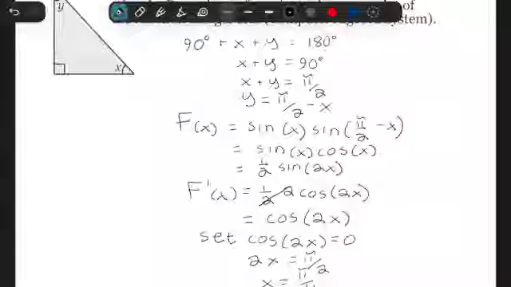All right, so now we can take that x and plug it back into this equation to get y. So we have y equals pi over 2 minus pi over 4, which just equals pi over 4 as well.